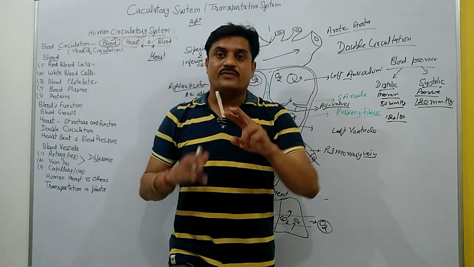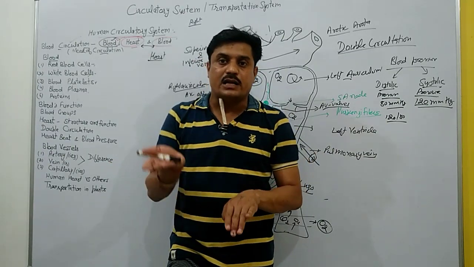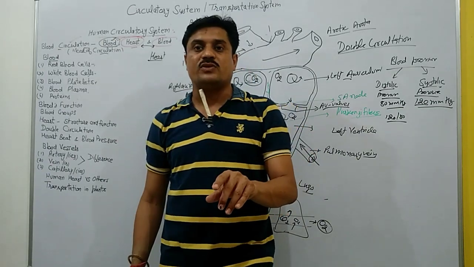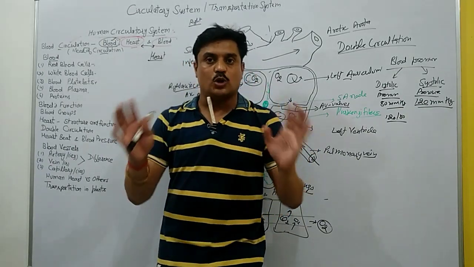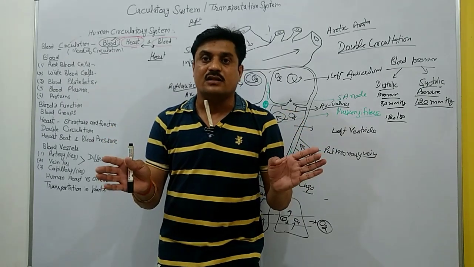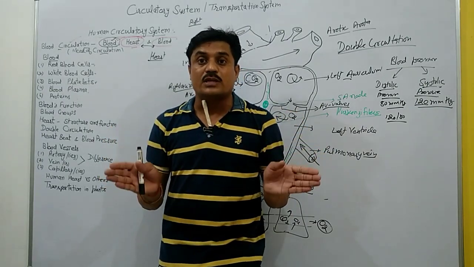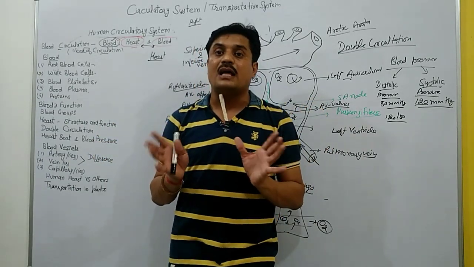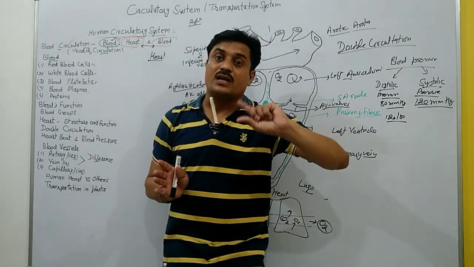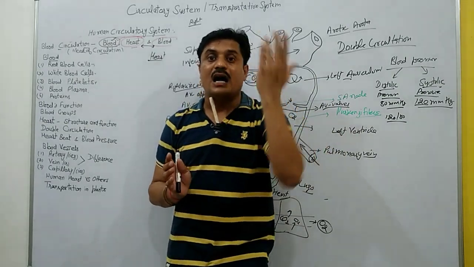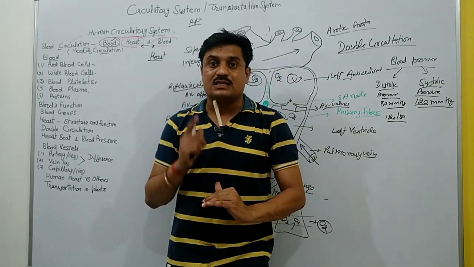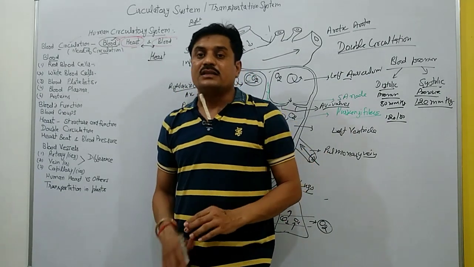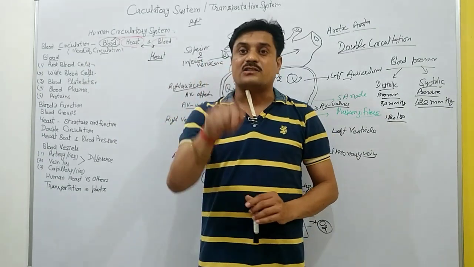If we compare low blood pressure and high blood pressure, low blood pressure is the more dangerous situation. Although both are abnormal situations and challenging for normal health, low blood pressure is comparatively more dangerous, because when the blood pressure falls, the supply of oxygen to the cells also falls.